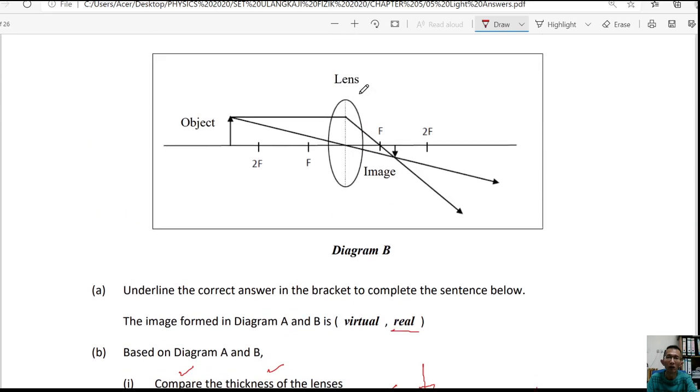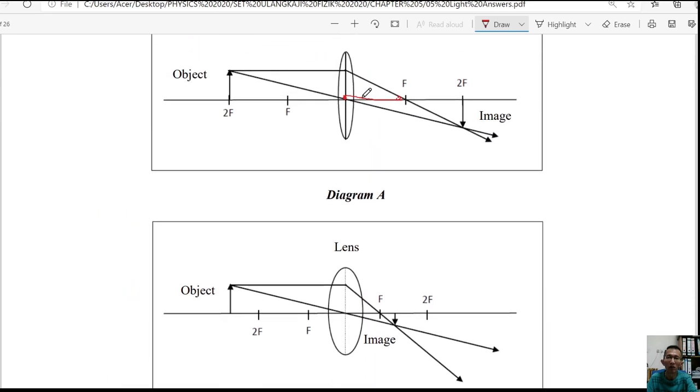Okay, so if I go back to my pictures here, here my F is greater, therefore my power will become smaller. Down here my focal length is lower, therefore my power is greater. So you are to compare the power for these two diagrams, right?